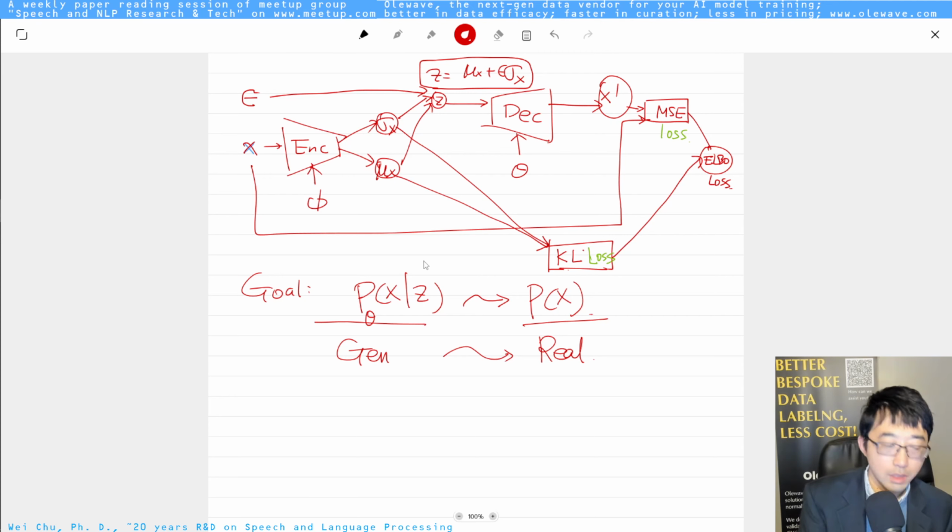And what is interesting is that this is a posterior, and this is just the overall distribution, a marginalized distribution.